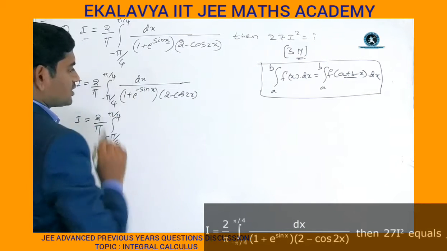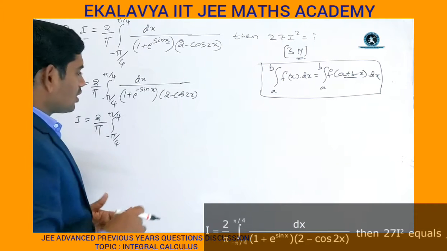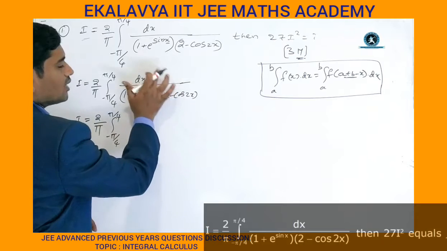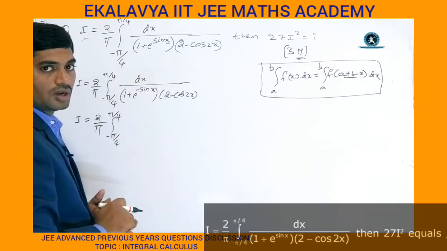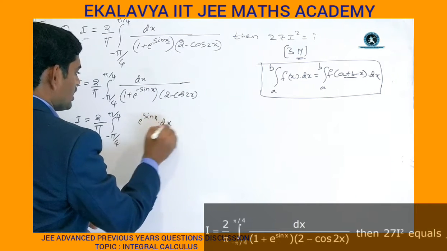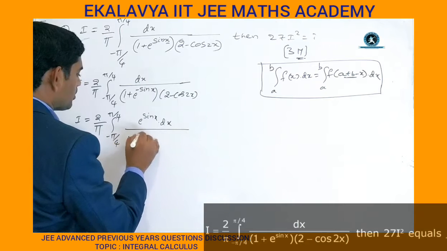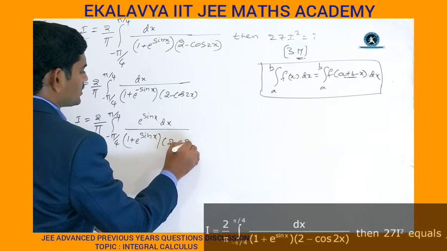This e power minus sin x we can also write as 1 by e power sin x. Now after taking the LCM and reciprocal, we get e power sin x dx upon 1 plus e power sin x into 2 minus cos 2x.